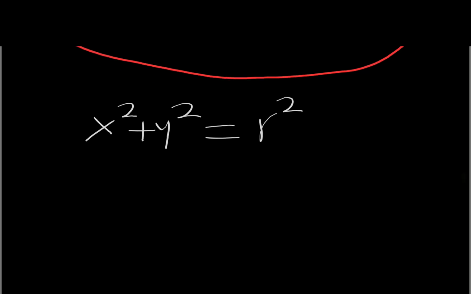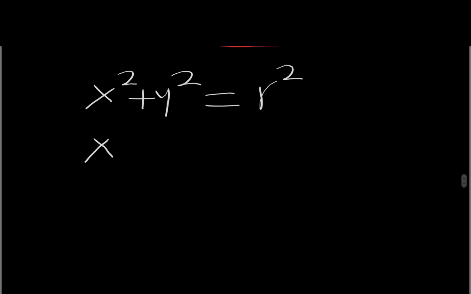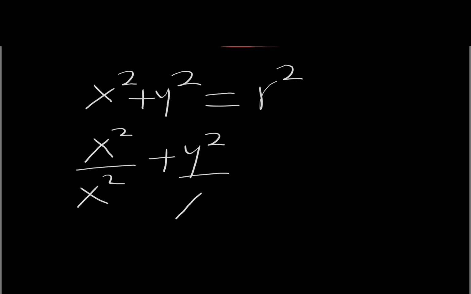So we have x squared divided by x squared plus y squared divided by x squared, and this is equal to r squared divided by x squared.